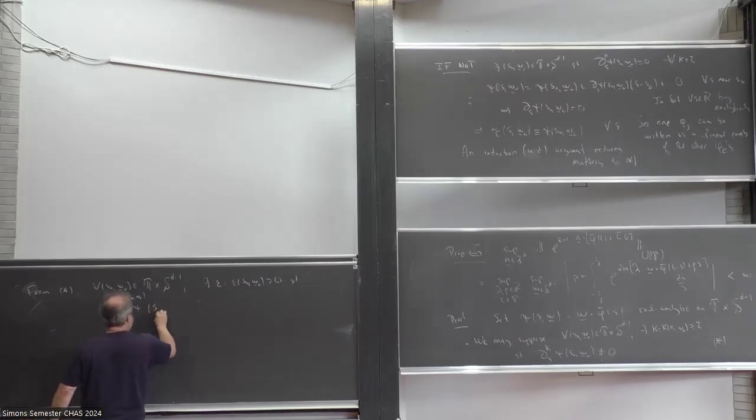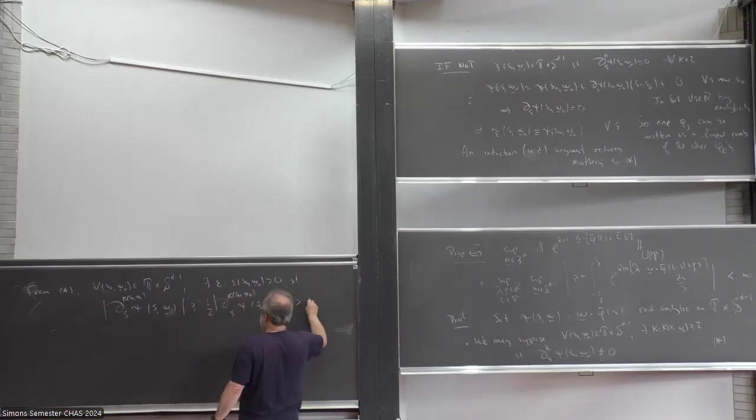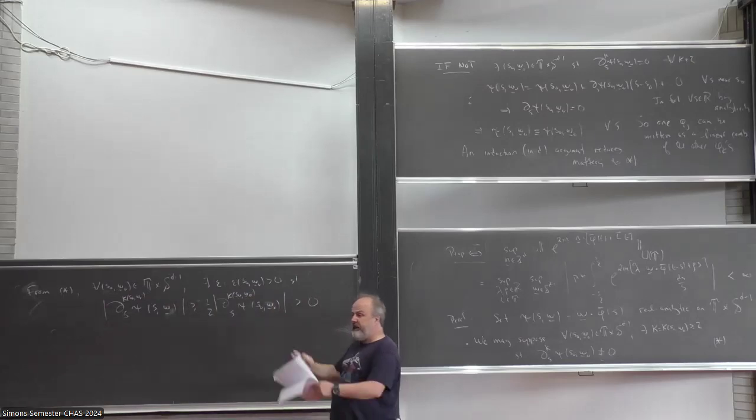So I can actually extend that: this is going to be bigger than or equal to 1/2 the K derivative at this point, which I'm going to give a name soon. This is what I know to be non-zero, so that's just a number. So I can get this in the ball.